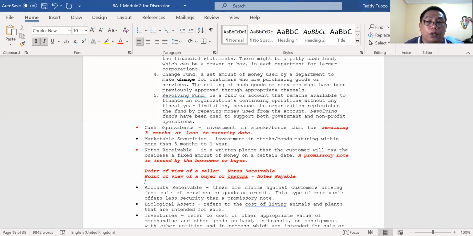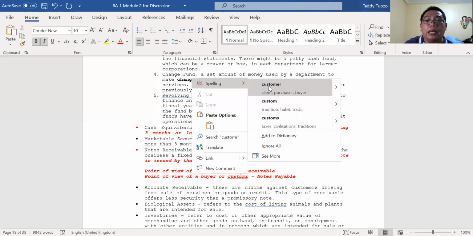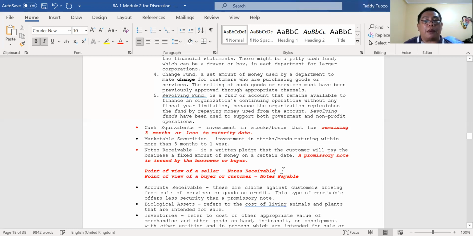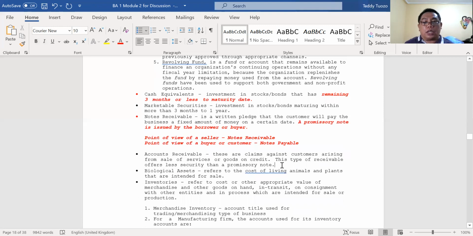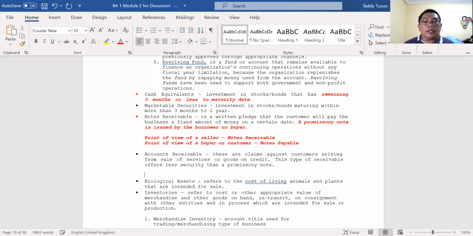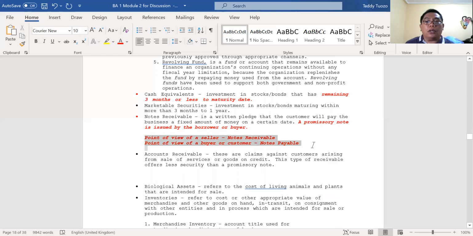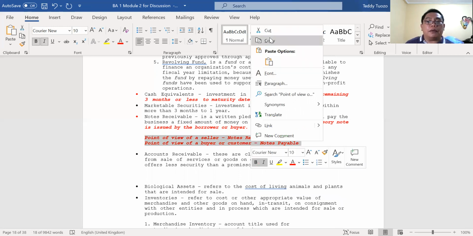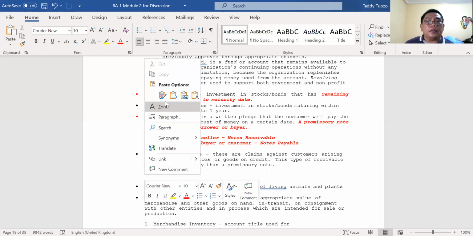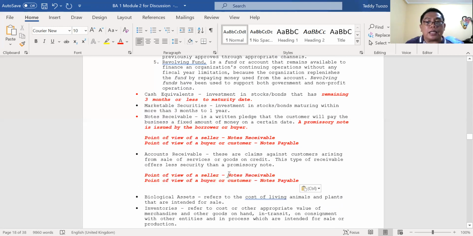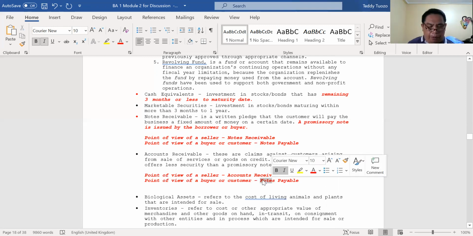Of course, ija bayro no, no? Non-customer. Sa imo, ikaw nagbaligya, then it is notes receivable. But sa nagutang sa imo, it is notes payable. So just like here, sa accounts receivable also, in the point of view of the seller, it is accounts receivable, and the point of view of the buyer, it is accounts payable.